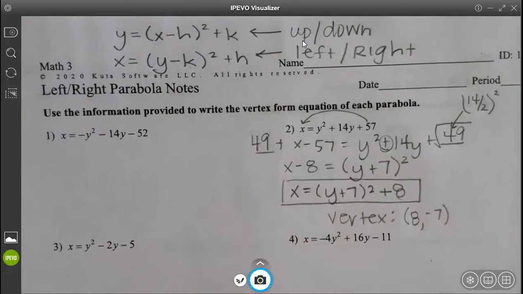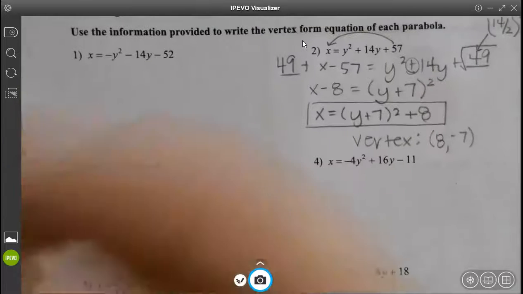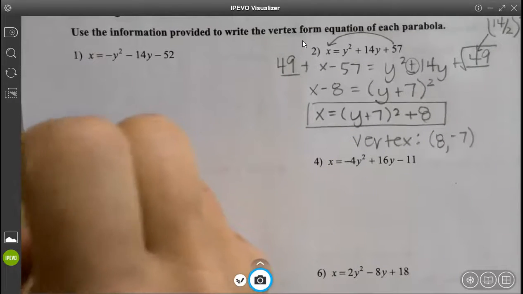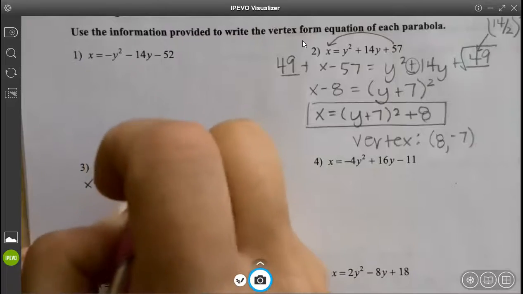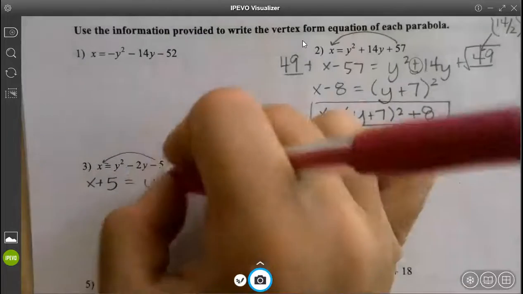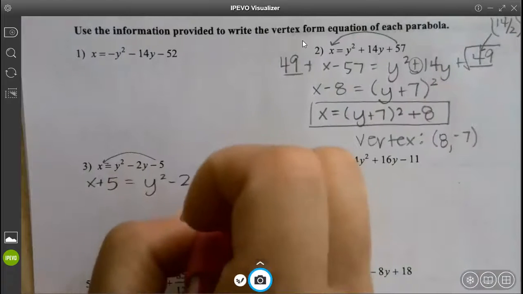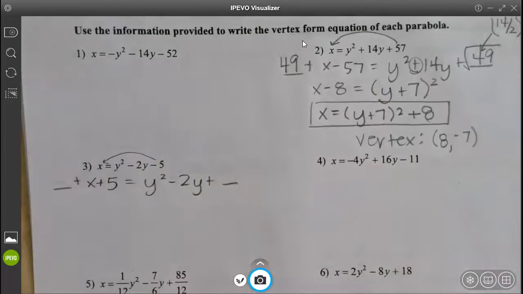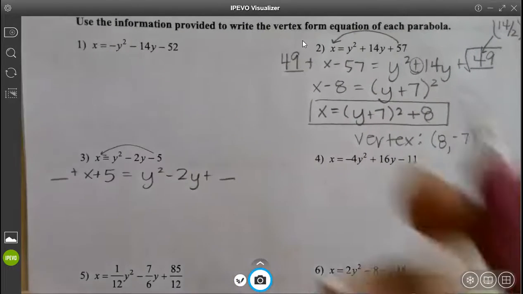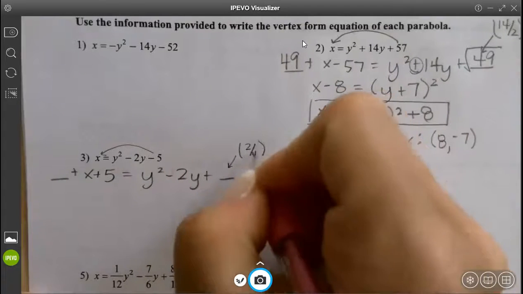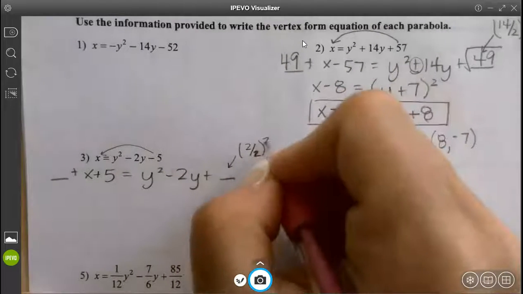All right, we're going to do number 3. We're going to move that 5 over with the x. So we're going to add it. We have y squared minus 2y. And then add your plus blanks. 2 divided by 2 is 1.